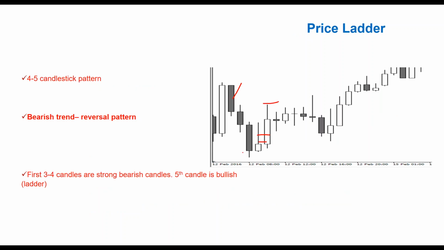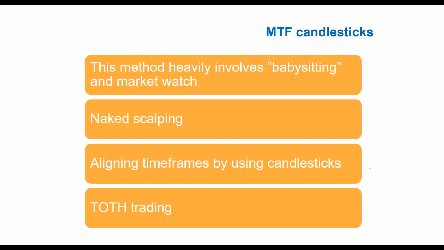Now, ideally this is a 5 candlestick pattern, and this is the example. But let's say that you have 3 bearish candlesticks and the next candlestick is big bullish. This is still a price ladder, and you take your trade from this point. It's just vice versa for candlesticks that are bullish.